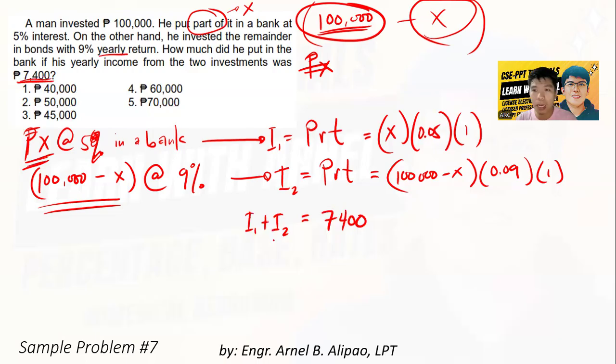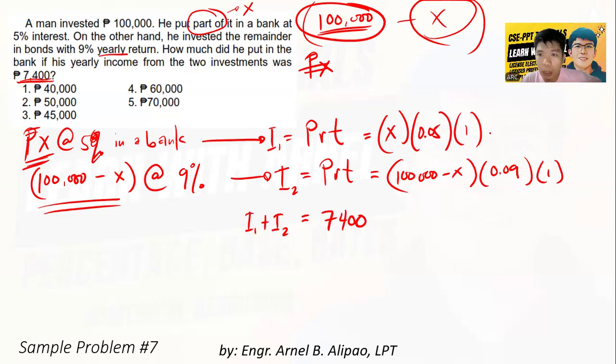Right? So let's proceed by simplifying our equation. This is going to be 0.05x. And how about this one? 100,000, we're gonna distribute that. So that's 100,000 times 0.09.